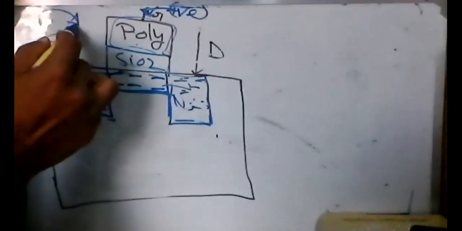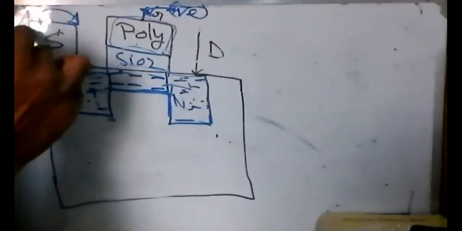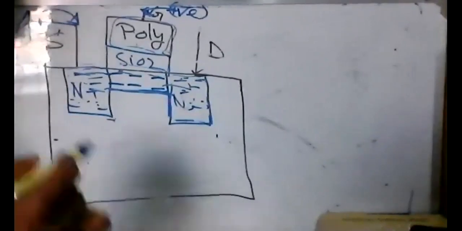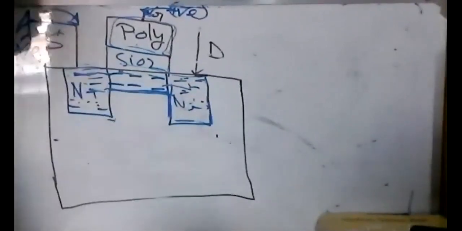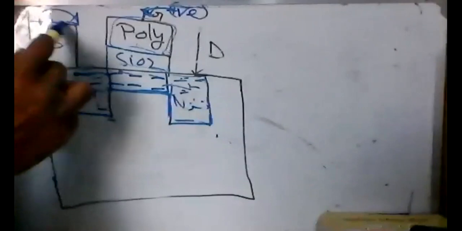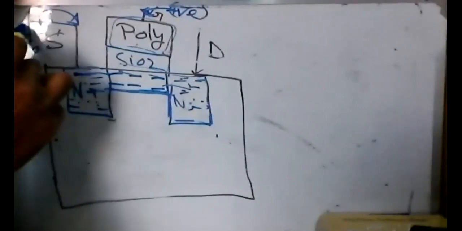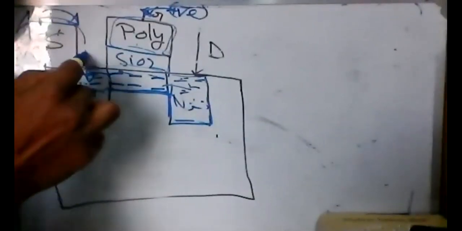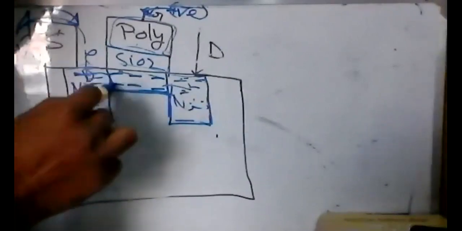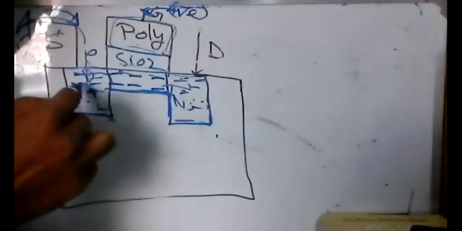In order to add extra electrons, we need to connect to the ground or the negative, right? We apply negative voltage at the source. That means lots of electrons come here, and there is an overflow of electrons here.